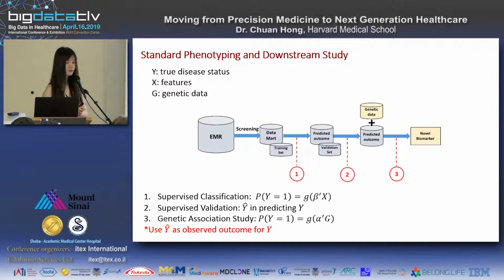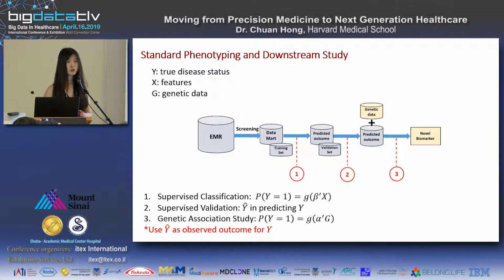After we get the features, there is a standard way to do phenotyping. First, we do some screening of the EMR system, that is the inclusion or exclusion of patients, and then we get a data mart. Using this data mart, we first do classification, that is assign the disease status of each patient in this data mart.